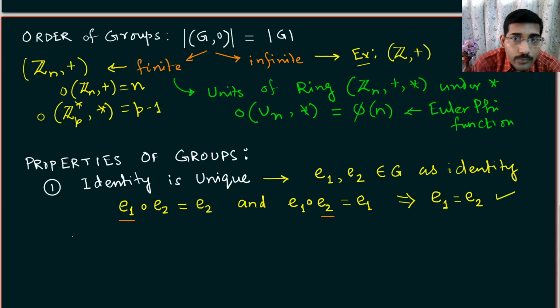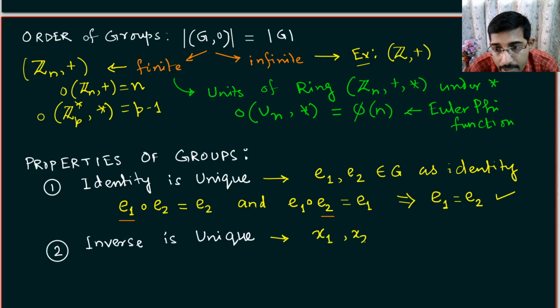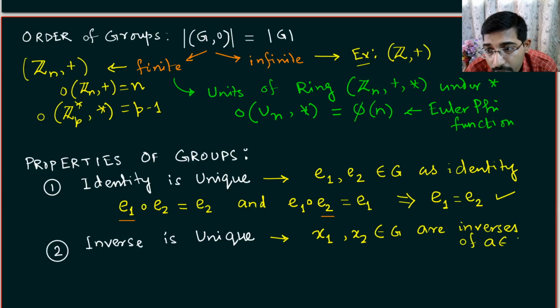The second proposition that we could write here is that the inverse is unique. When we say the inverse is unique, suppose again we assume that for an element A belonging to G, x1 and x2 belonging to G are inverses of A. I need to prove that x1 and x2 are equal.